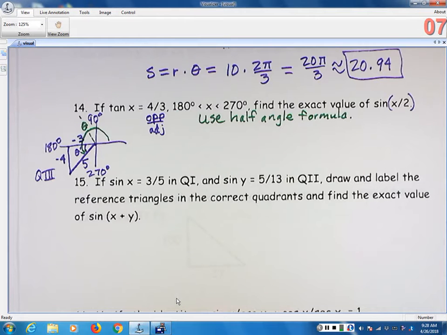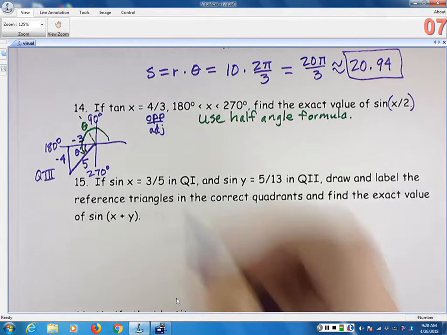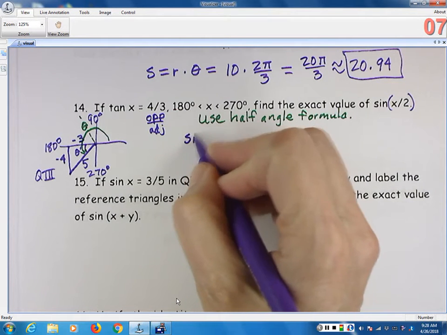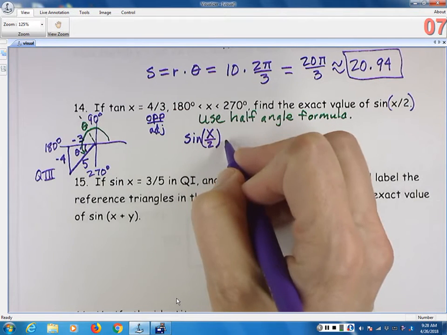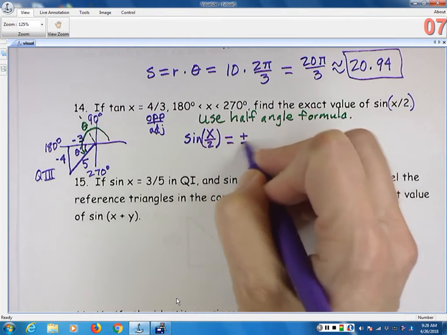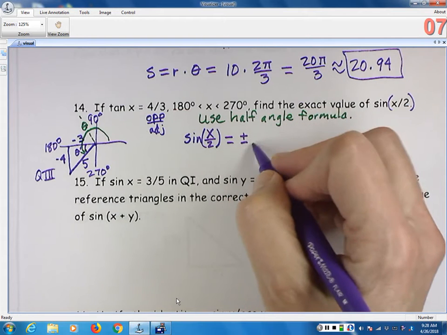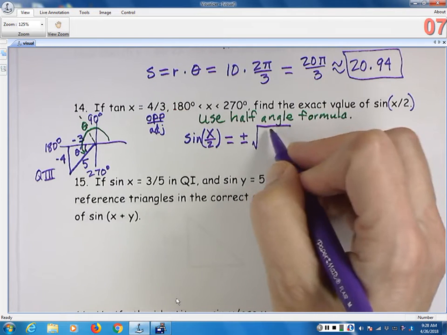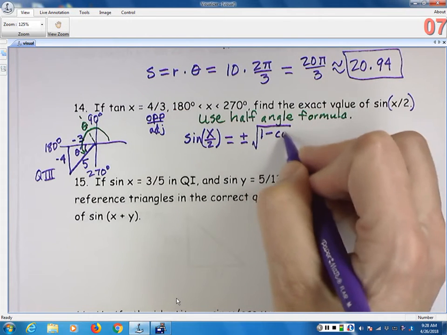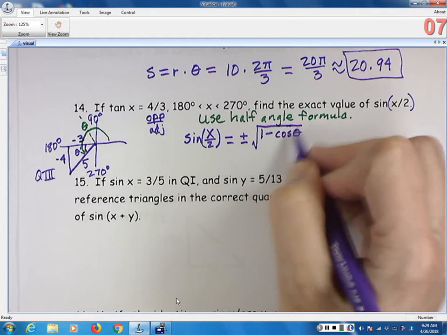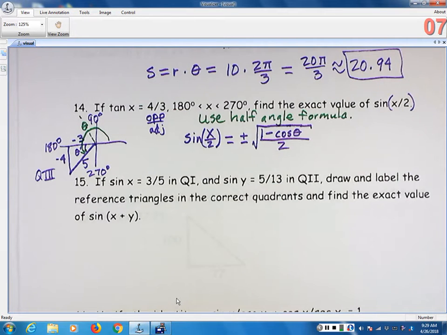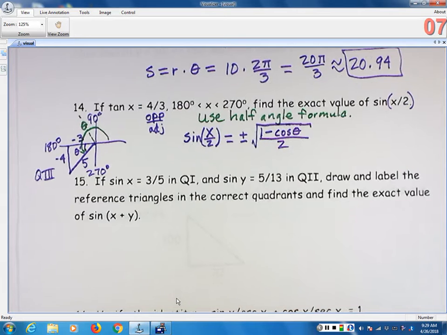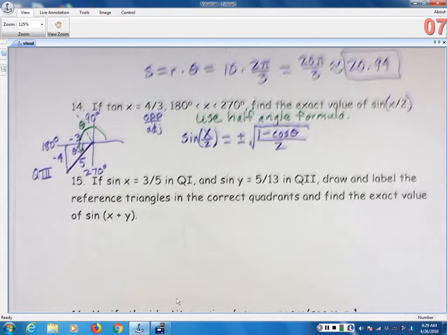So we have to know how to use this though. So we have sine of x over 2 equals plus or minus the square root of 1 minus cosine theta divided by 2. And do I have more paper under here? Because we're going to need it.